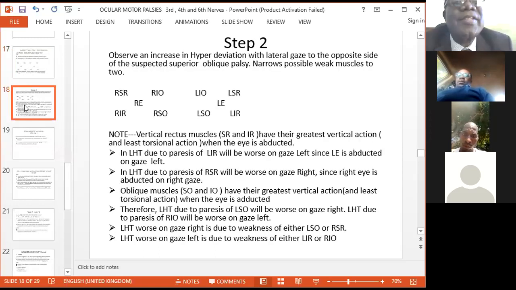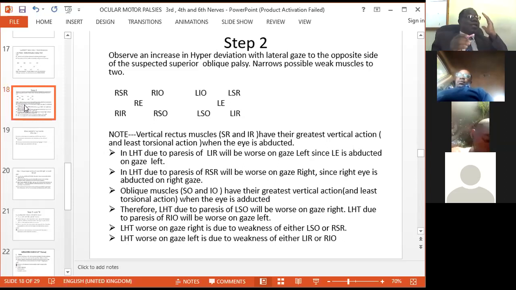Step two: observe the increase in hyperdeviation with lateral gaze to the opposite side. In other words, determining which one is worse. There are two groups of muscles. You categorize either this group or that group, whether it's left or right.